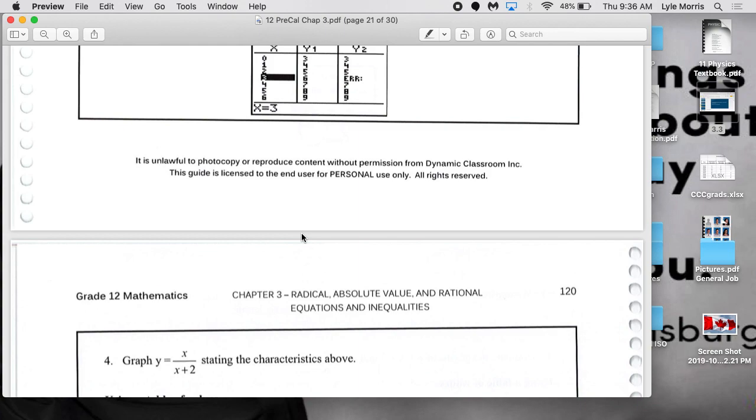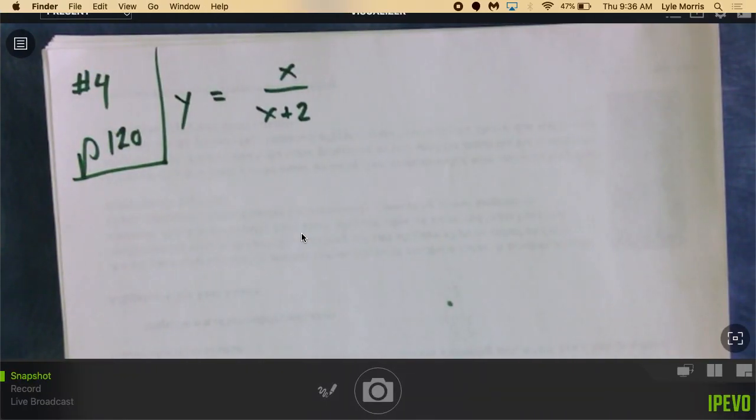Page 120, y equals x over x plus 2. What is the big difference with this one that we haven't done yet? It has the same degree in the numerator and denominator.